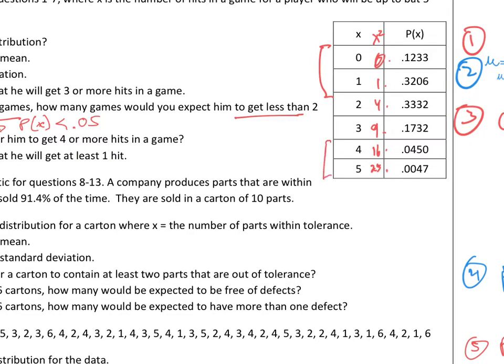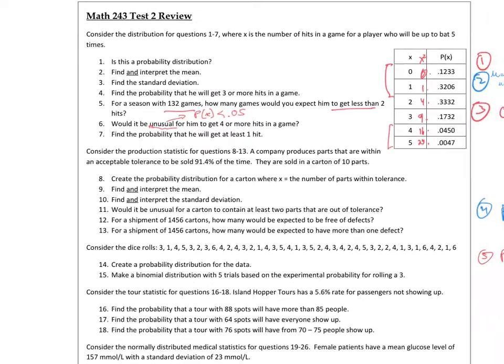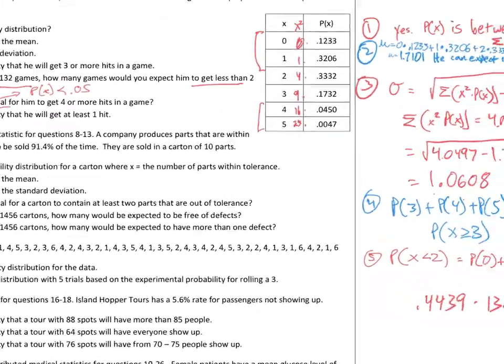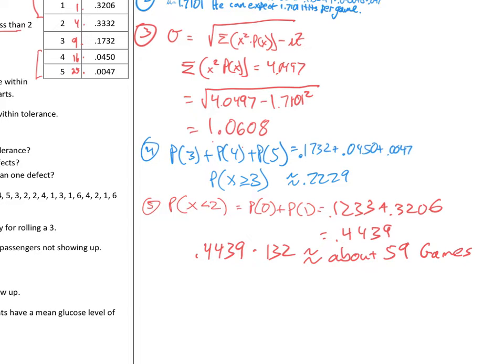So for question 6, we want the probability of x being greater than or equal to 4. That's 4 or more, and that's going to be 0.0450 plus 0.0047, which is 0.0497.